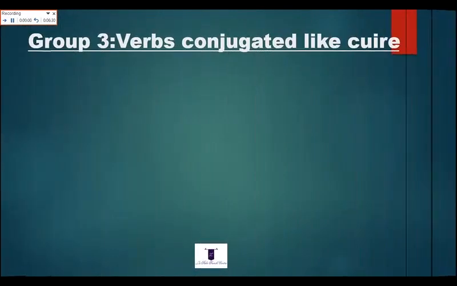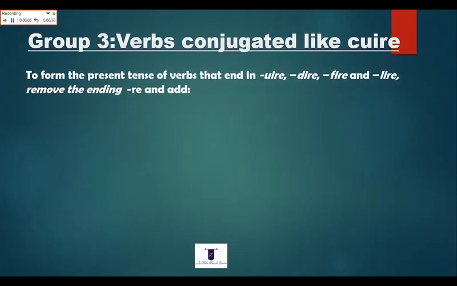Let's continue to the next one, group 3, verbs conjugated like cuire. And here it is not only cuire, but a group of verbs that end in uire, dire, faire, and lire. They all have these endings.